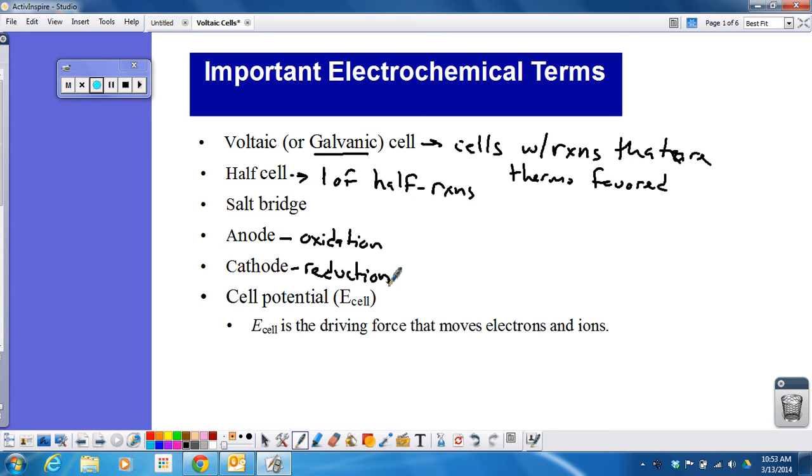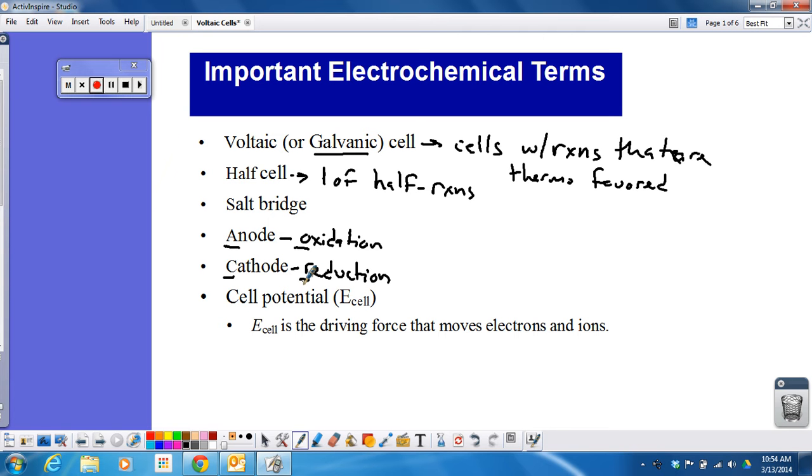Oxidation, anode, reduction, cathode. So to remember that, anode and oxidation both begin with vowels. Cathode and reduction both begin with consonants. So anode, oxidation, cathode, reduction. And there are a couple of mnemonics in your notes about how to remember that also.